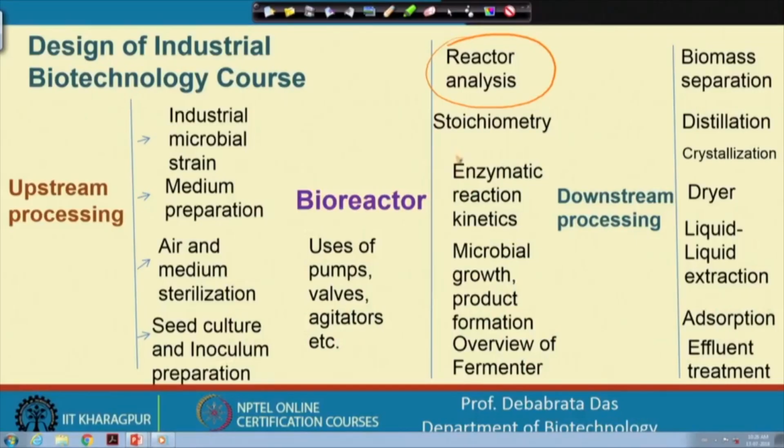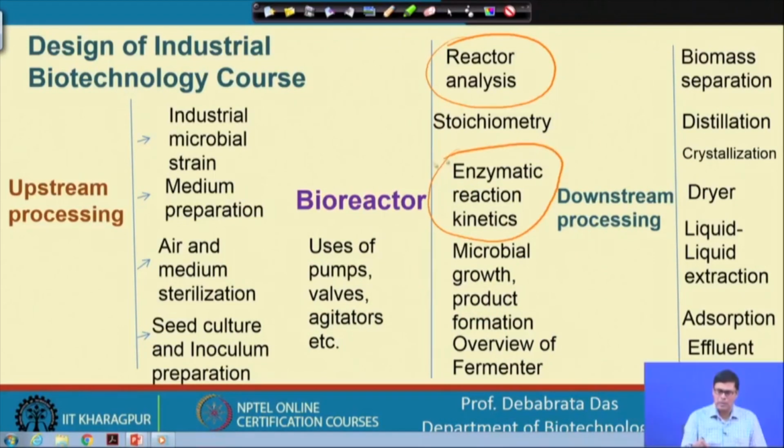We discussed that. Then we discussed enzymatic reaction kinetics, that enzymes are very specific with respect to substrate. Enzymes are mostly protein in nature. Protein with an active site we consider as enzymes, and this is how we use the Michaelis-Menten equation to explain the enzymatic reaction kinetics.